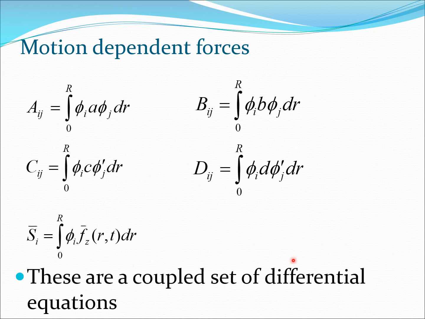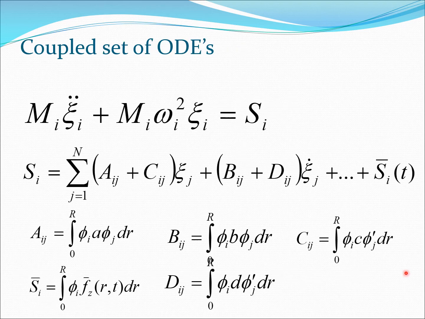That's one way to solve it. So all these integrals come out because of the presence of those motion dependent terms, and so you get a coupled set of differential equations. So that's the coupled set of ODEs. You have this differential equation, looks simple until you start looking at the right hand side, and then you have way too much complexity.